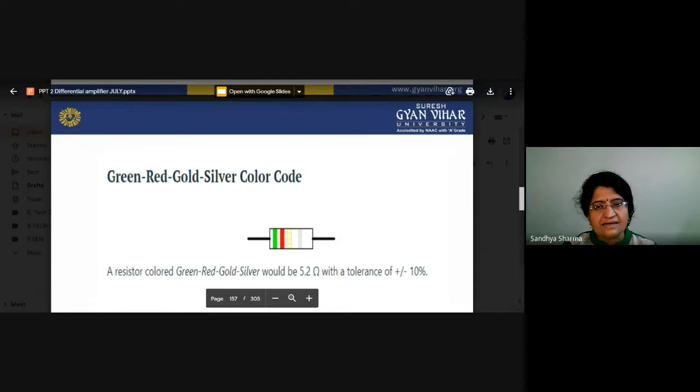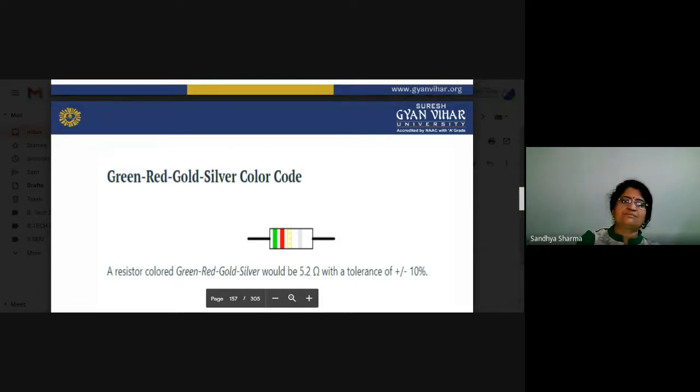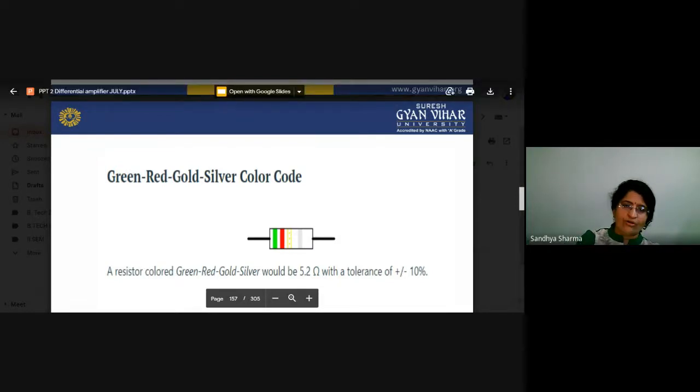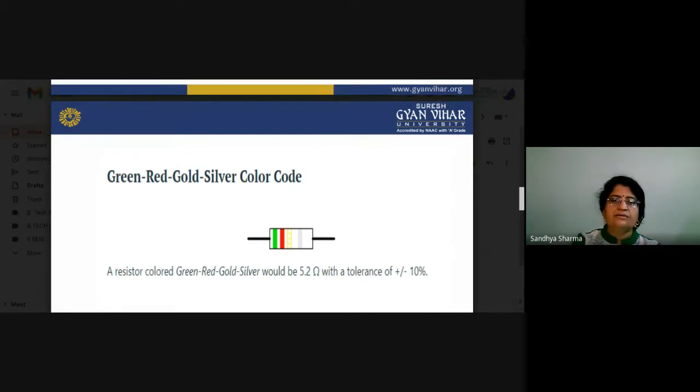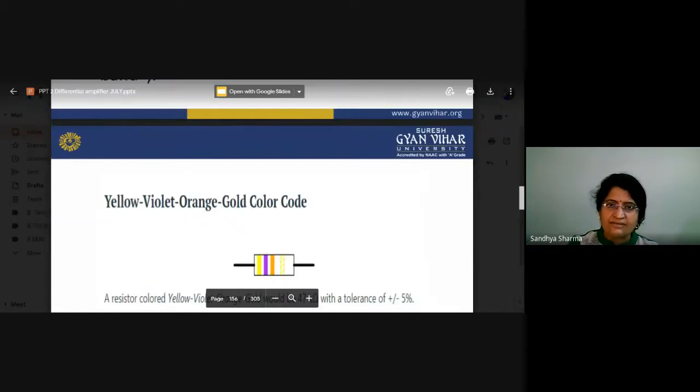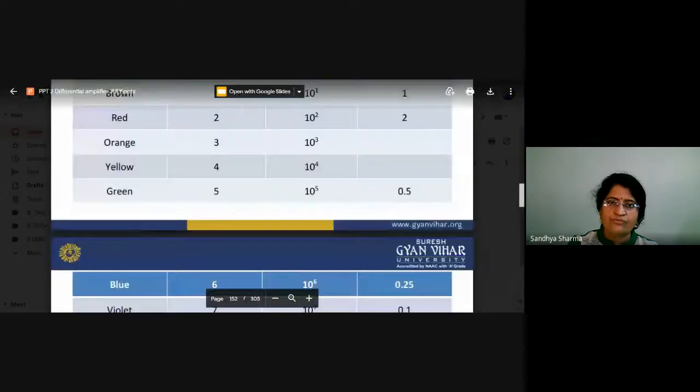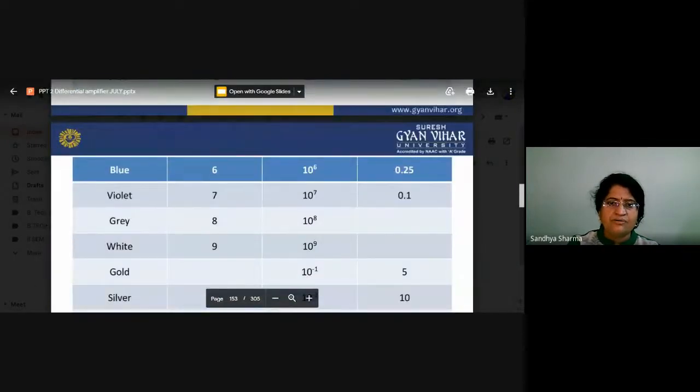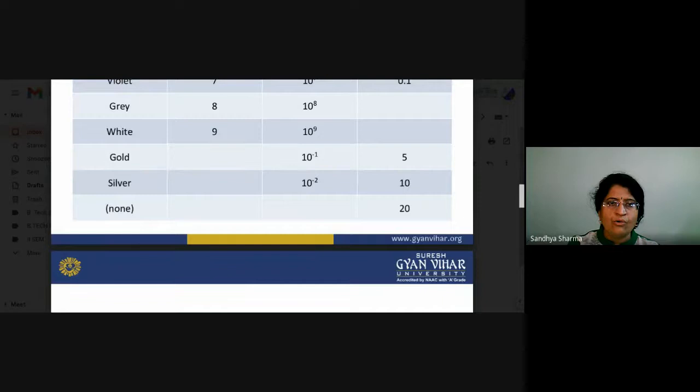That is not gray, that is silver, so that is plus or minus 10% tolerance. And the third one is the gold color. You can see in our table, what about the multiplier of gold? Gold multiplier is 10 to the power minus 1. So your value will be 52 into 10 to the power minus 1, which means 5.2.